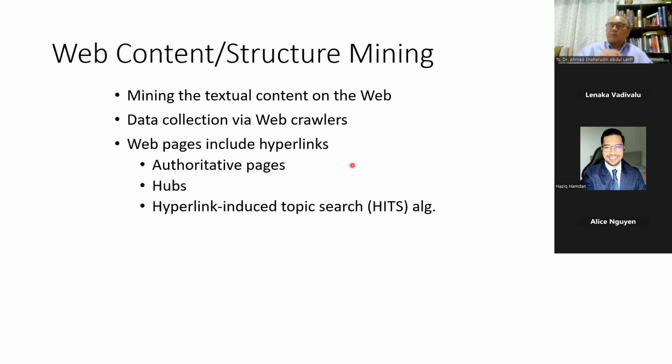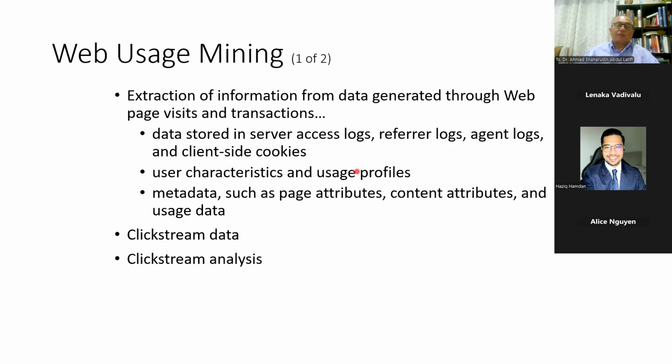Web crawlers are robots that move from one server to another server and then fetch this data, put them into an index, a raw index, and then web pages will include hyperlinks, and then we look into authoritative pages to do the ranking mechanism, the hubs and authorities, in the hyperlink induced topic search algorithm.